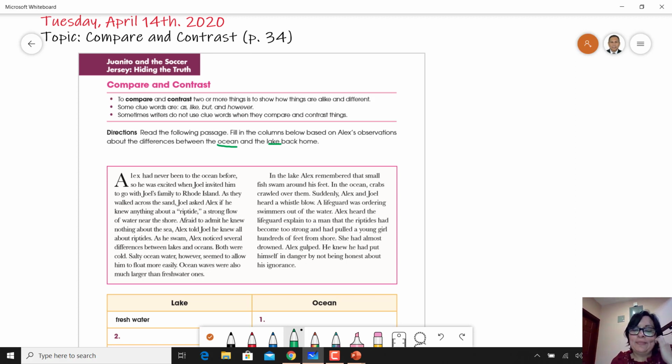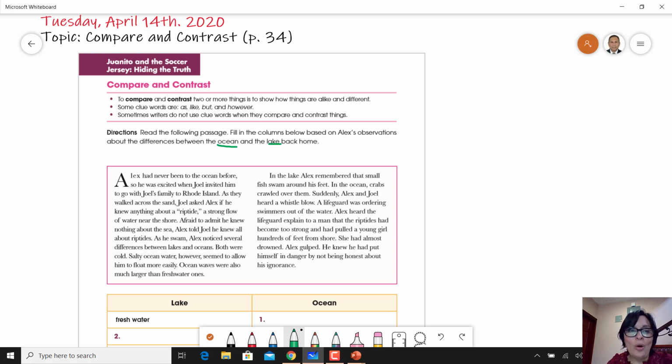So let's start reading. Alex had never been to the ocean before. So he was excited when Joel invited him to go with Joel's family to Rhode Island.